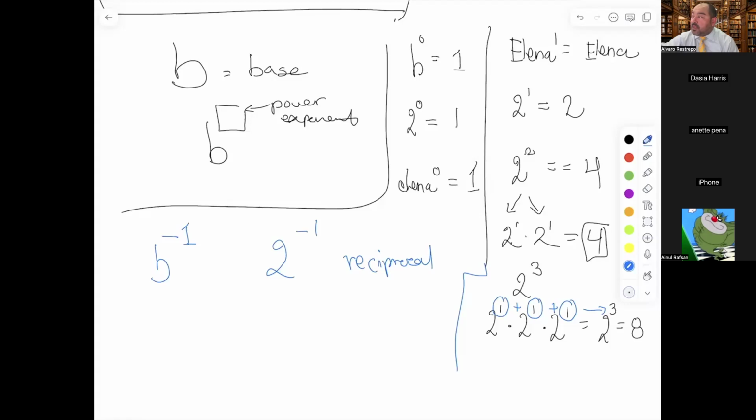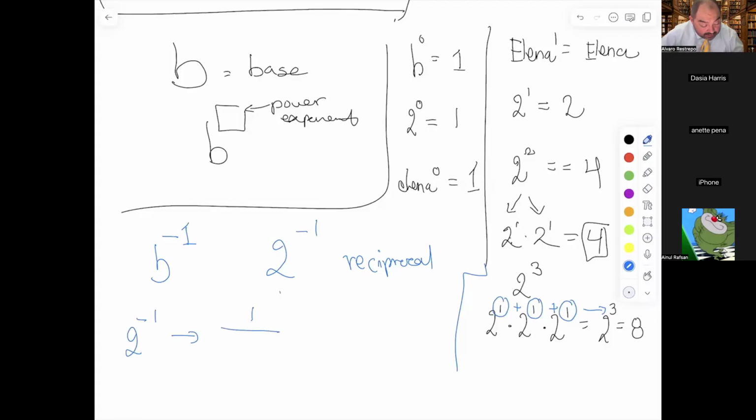Okay? When I am doing the reciprocal, I have to turn it into a positive. So how do I do that? If I am doing the reciprocal, well, 1 over 2 to the negative 1, I am going to put a 1 here.